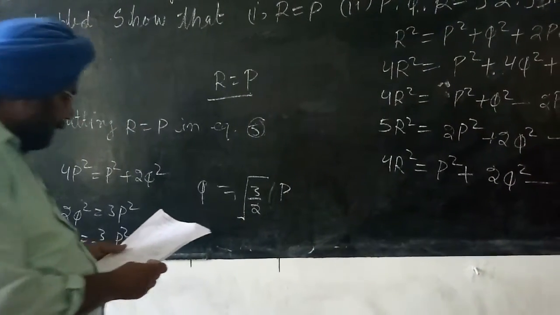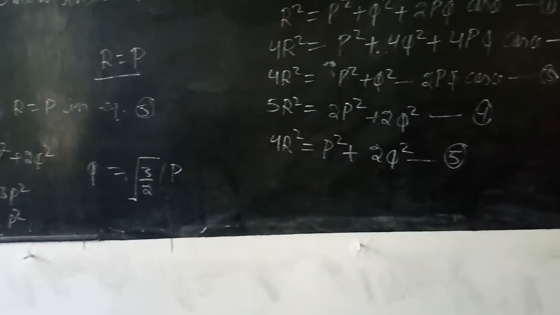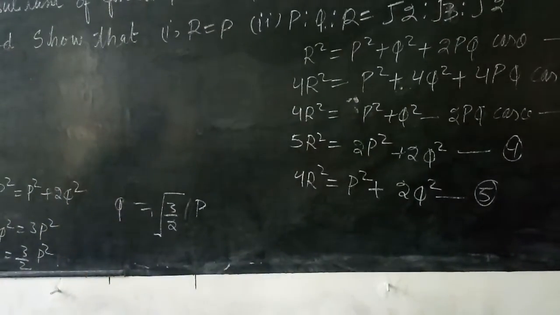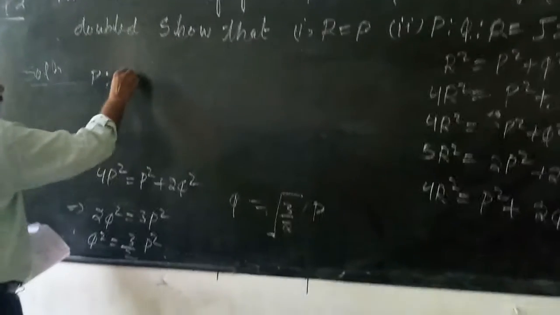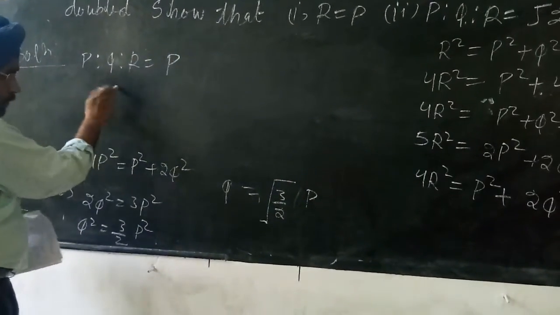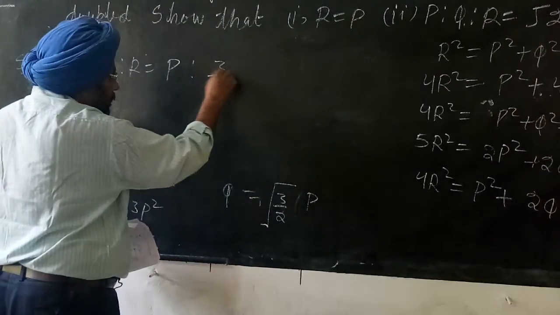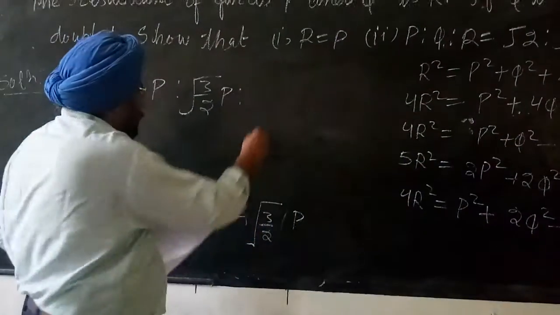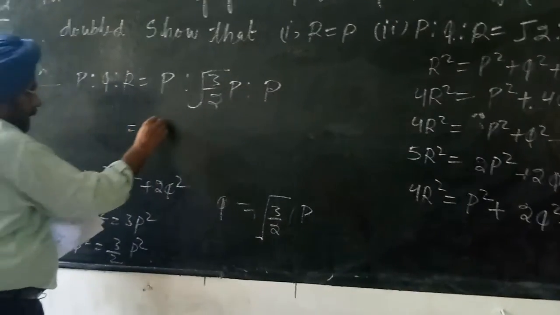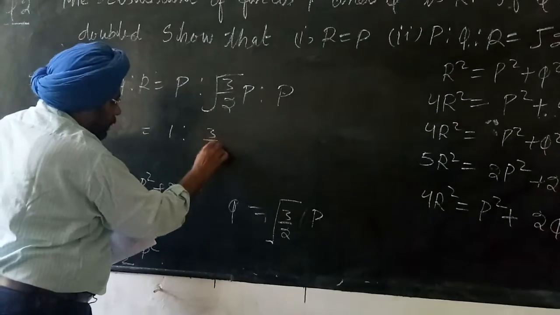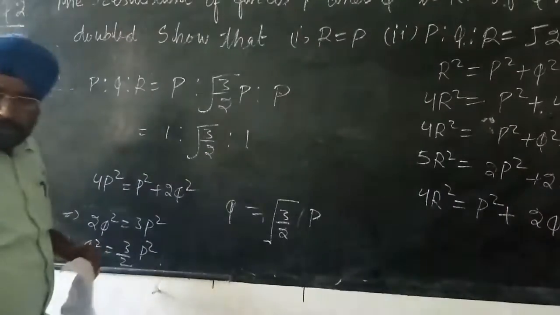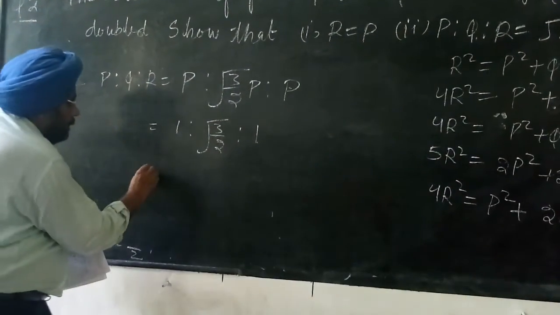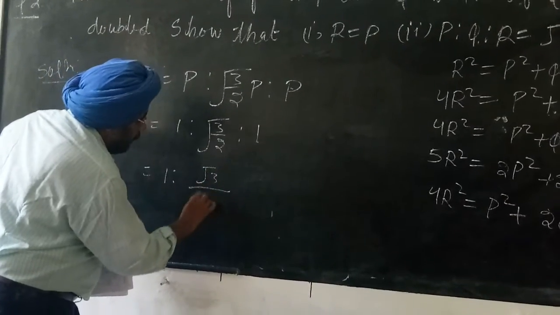Now the ratio P is to Q is to R is equal to P, root of 3 by 2 times P, and R, because R is equal to P. Taking P common, we get 1 ratio root 3 upon root 2 ratio 1.